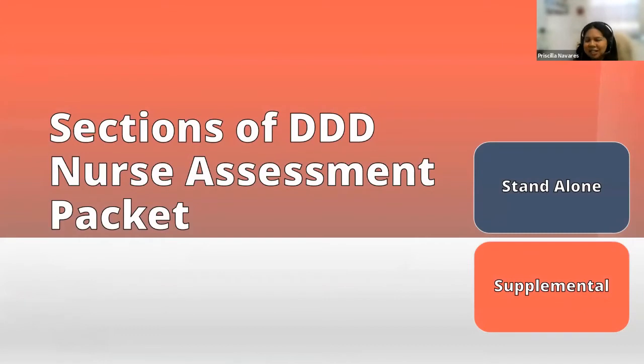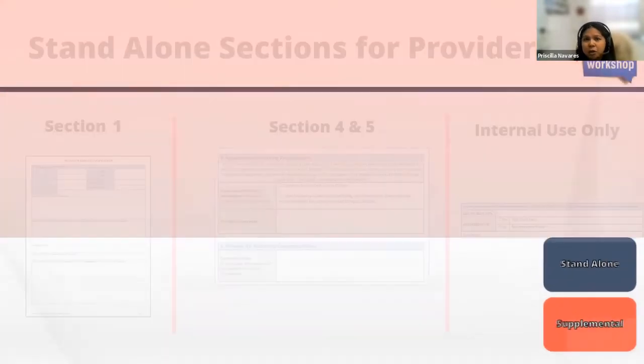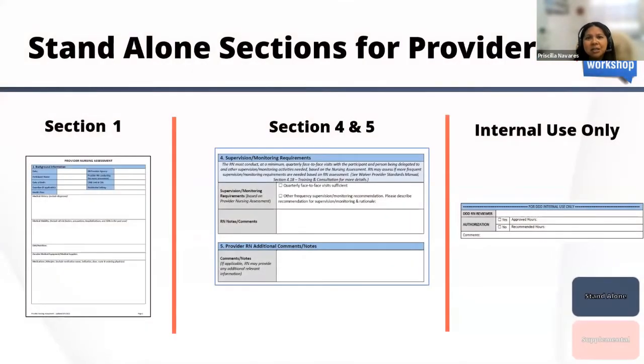All right, so we went through that very quickly, but just a reminder, of the sections of the DDD nursing assessment, there are going to be some parts where you would use the supplemental information, whether that's Worksheet A or B, but there are also going to be some parts that are standalone only. When we say standalone, that means you can fill out the information on these sections with the information that you have or gathered during your nurse assessment.